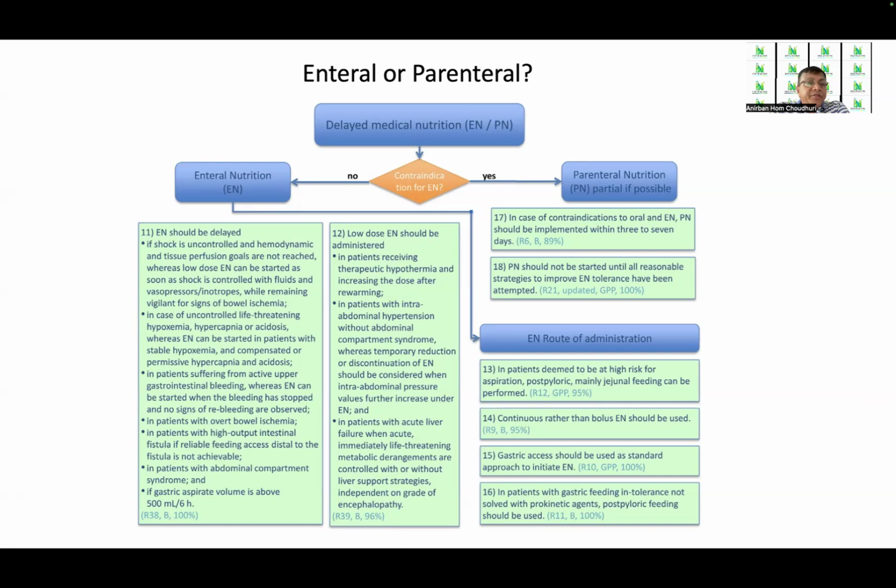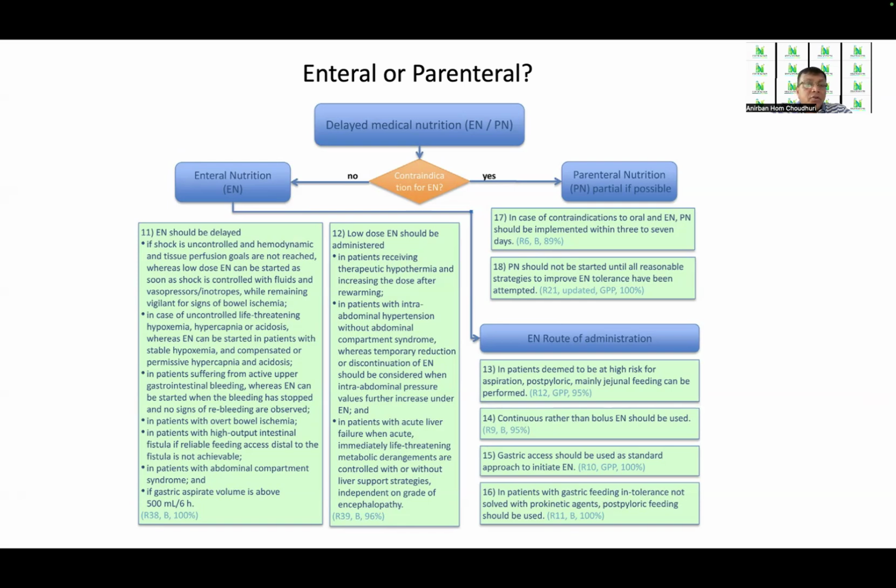Enteral nutrition should be delayed if the patient is in shock and the shock is uncontrolled, with hemodynamic and tissue perfusion goals not reached. Then we have to delay enteral nutrition, or we can start low-dose enteral nutrition when the shock is controlled with fluids, vasopressors, etc.